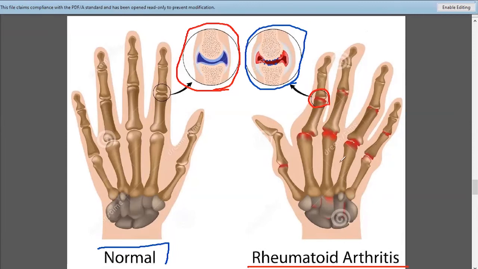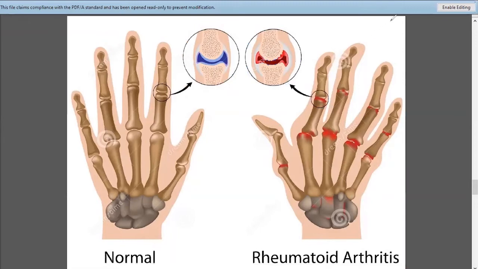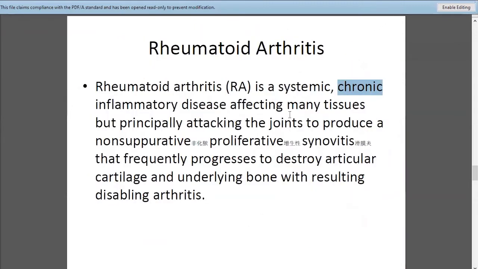This kind of change can happen in other arthritis, but it is most severe in the autoimmune kind of arthritis. Some parts of the cartilage are destroyed, and, as we talked about healing before, they try to heal by themselves. So part is damage, part is healing, and then they cause the shape of the joint to change.